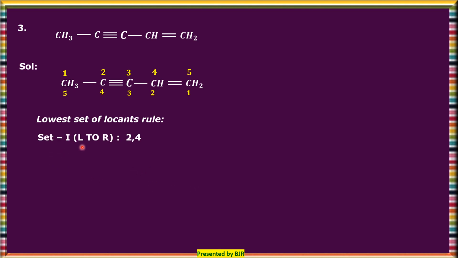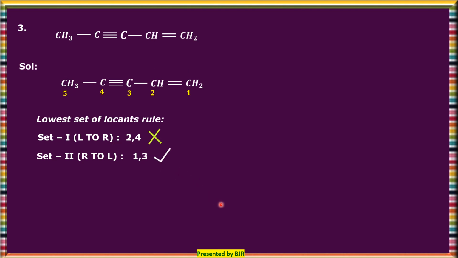Set 1 locants, left to right, 2, 4. Set 2 locants, right to left, that is, the first carbon atom and the third carbon atom are containing multiple bonds. So let us compare these two sets term by term. 1 is less than 2 at the first point of difference. So this one is the correct numbering and this is the wrong numbering.